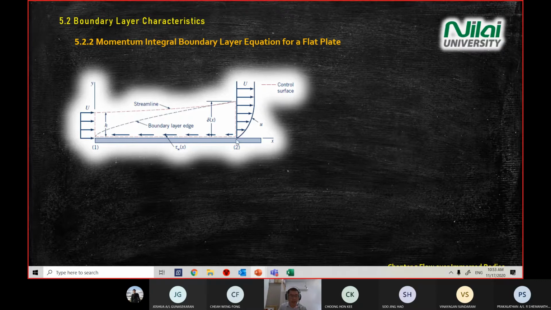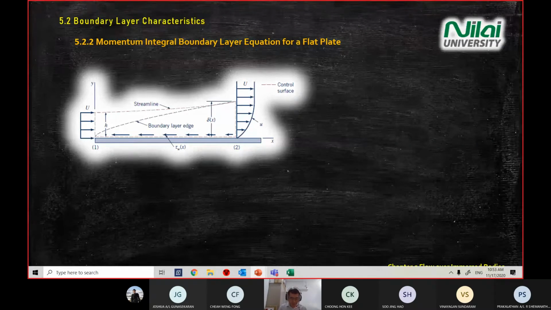As we move along a longer surface, we have a longer shear stress effect. Then we have a control surface here, the red dashed line. These are the basic understanding before we derive the momentum integral boundary layer equation for the flat plate.